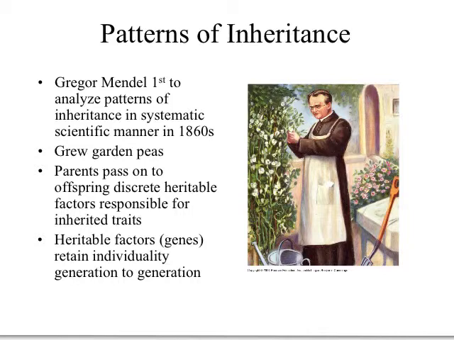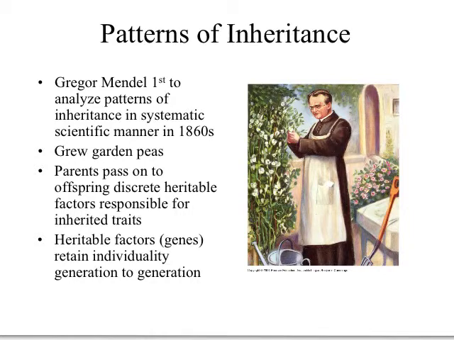So Gregor Mendel was a German monk back in the 1860s who had a liking for pea plants. He had a garden full of pea plants. He noticed, as he was fiddling with these peas, that the parents pass on to offspring these discrete heritable factors that are responsible for inherited traits.